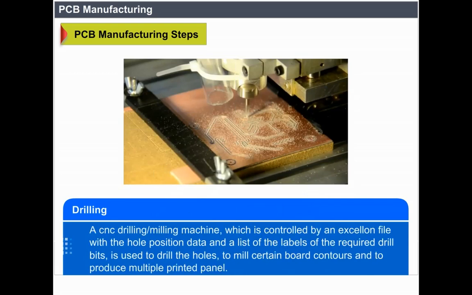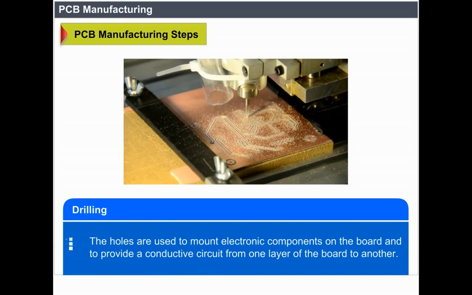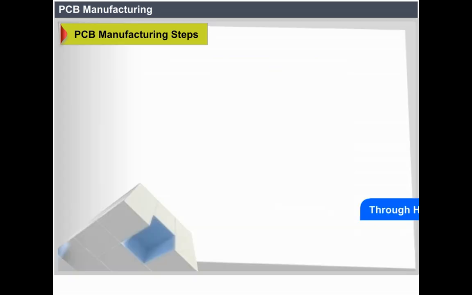A CNC drilling or milling machine, which is controlled by an Excellon file with the hole position data and a list of labels of the required drill bits, is used to drill the holes, to mill certain board contours, and to produce multiple printed panels. The holes are used to mount electronic components on the board and to provide a conductive circuit from one layer of the board to another.